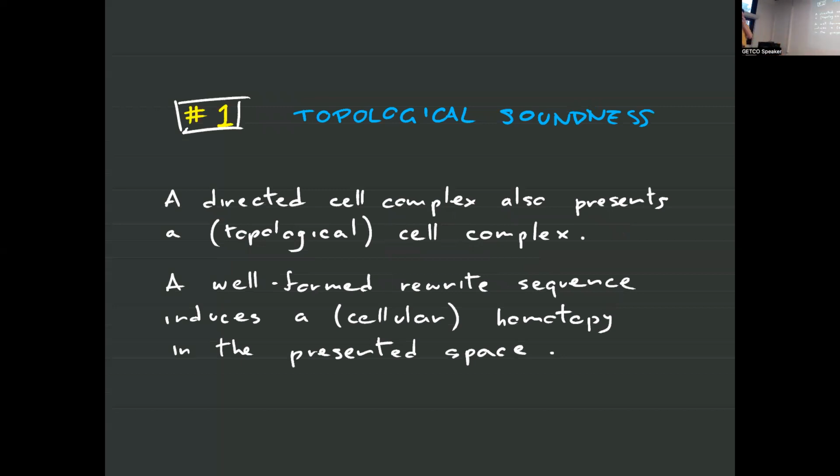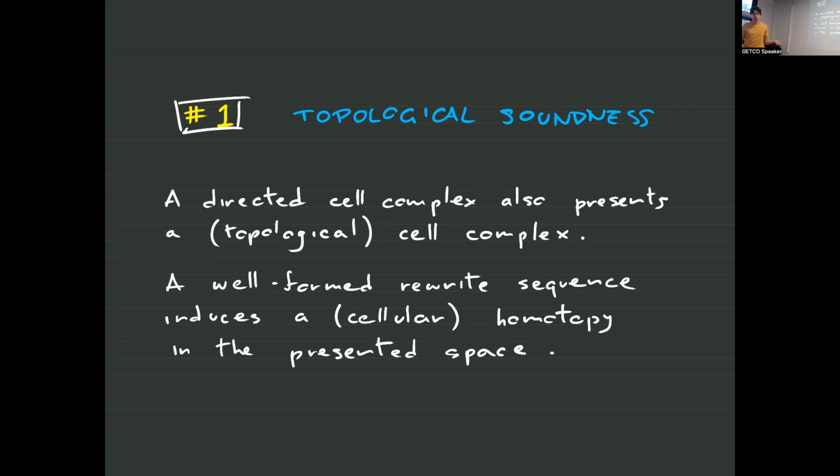A different problem is the idea of topological soundness. It is that the directed cell complex should also be a presentation of a topological cell complex. As the word suggests, when you have a directed cell complex, it should be a cell complex together with some additional data, actually a cell complex together with a specified orientation.